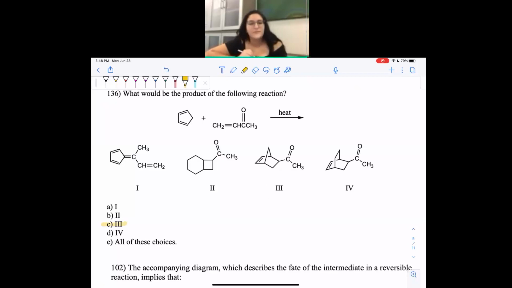So it's C. Super quick. So again, 5-membered ring, we know that we're going to end up with bicyclic and one carbon in the bridgehead. This is the only one that matches. You don't even have to do a reaction for this one.